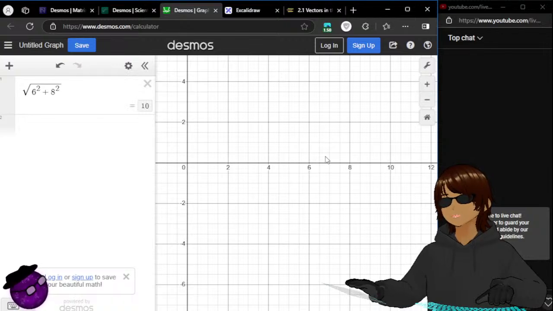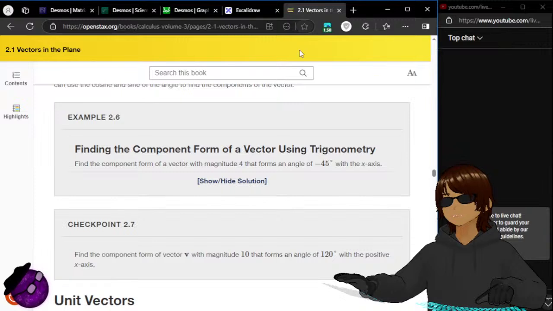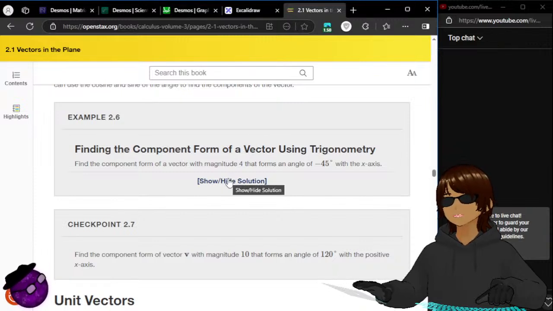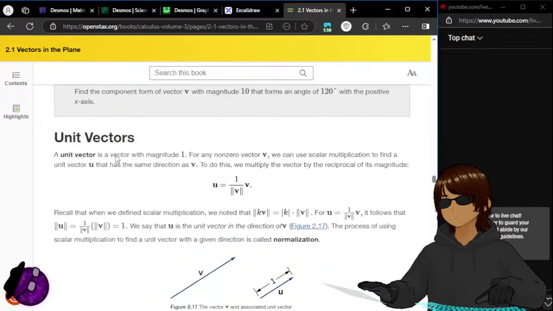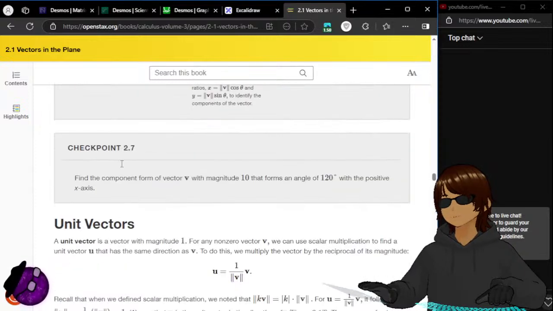So the y component would be 4 sine theta and the x component would be 4 cos theta, 4 cos minus 45. And the y component would be 4 sine minus 45. Yeah, x is 4 cos minus 45 and then y is 4 sine minus 45.